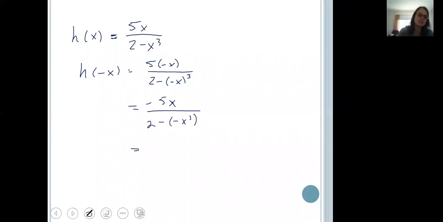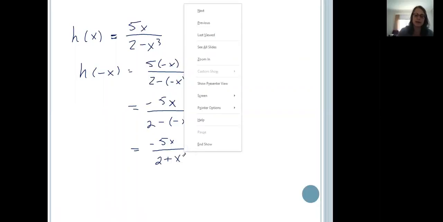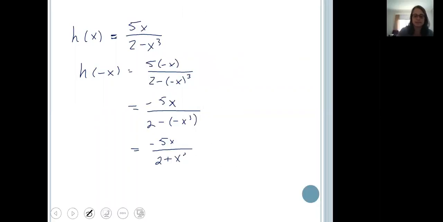And this comes out to be negative 5x over 2 plus x to the third power. So this isn't exactly what we started with. It's also not negative 1 times what we started with. This function is neither even nor odd.